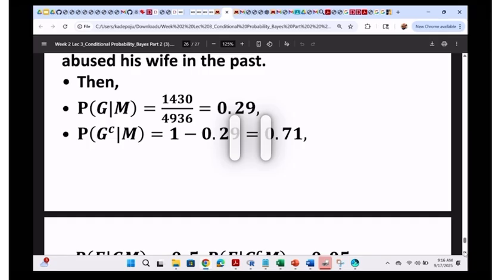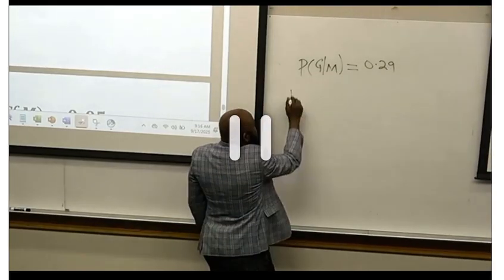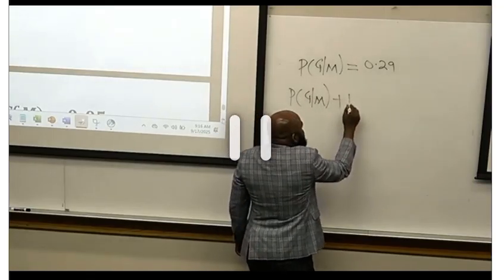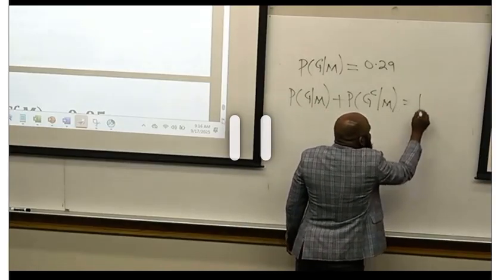Now, that is how we came across 0.29. Using the law of complement, as I told you the last time we met, the probability of G given M is 0.29. The probability of G given M plus the probability of G complement given M is going to be equal to 1.